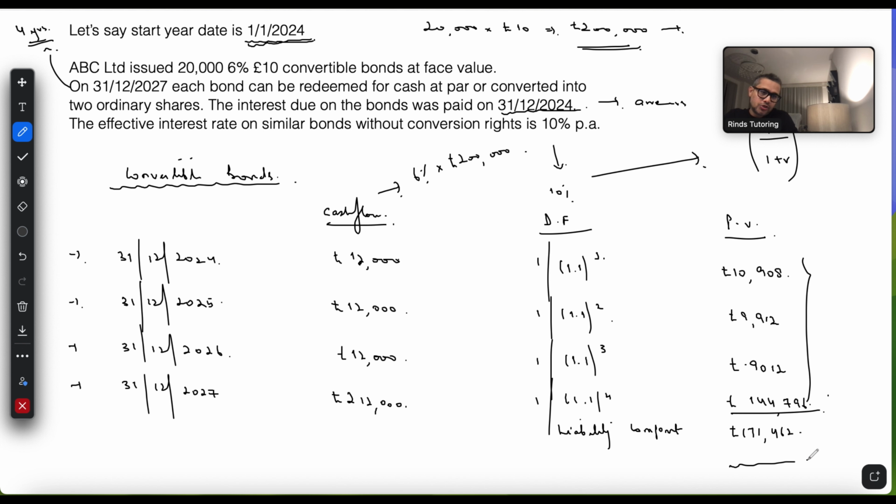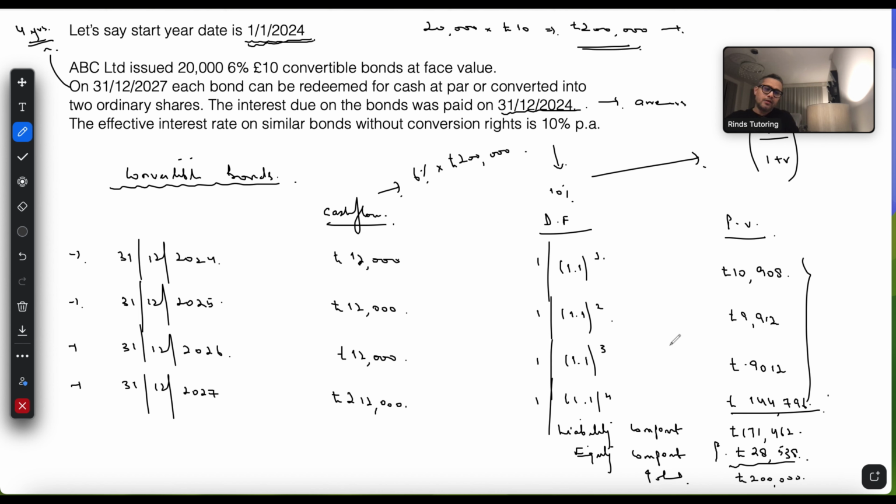Now, how much did you raise? You raised 200k. The balancing figure between 200 and 171,462 is 28,538. That is your equity component, and that's your total.